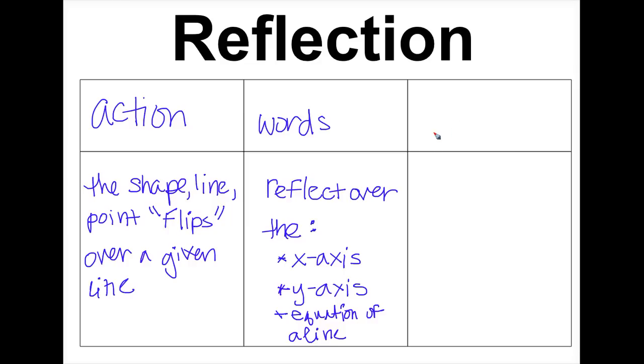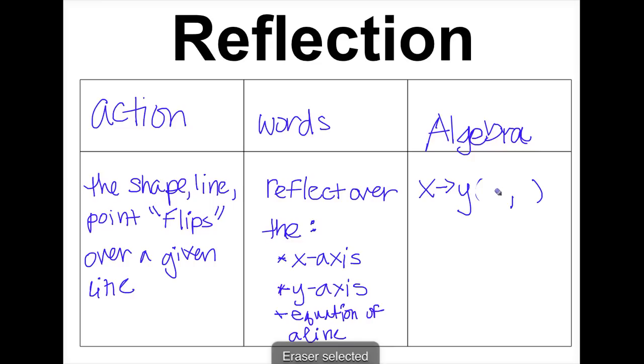Okay, so let's head back to the chart that you have on your paper. We left our algebra section out. And what we'll find in this section, this is where we look at when the coordinates, the x and the y, become something else.